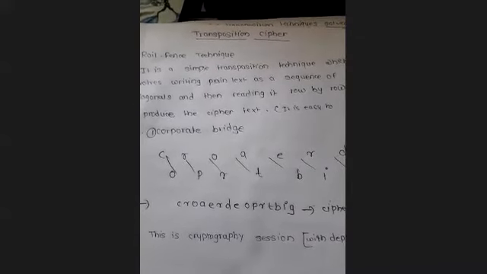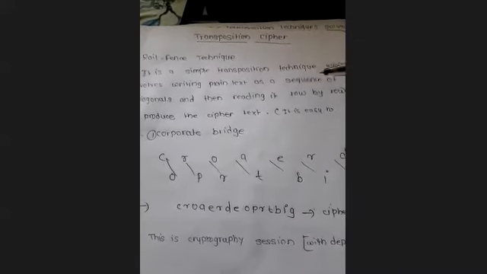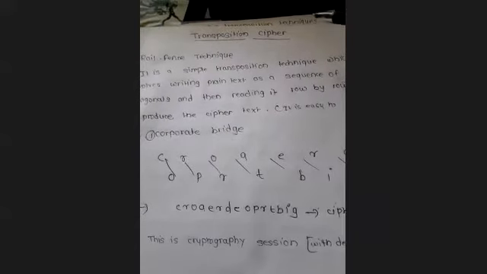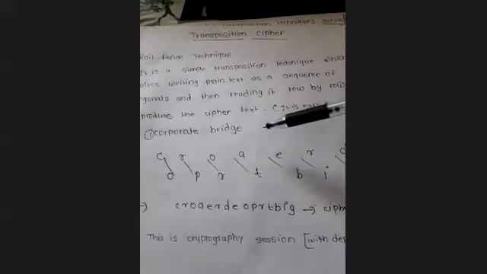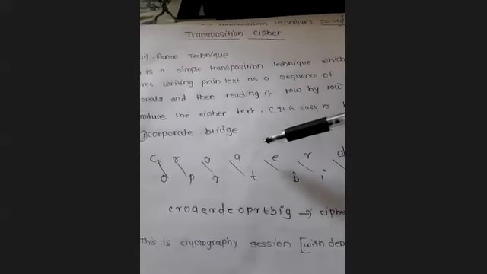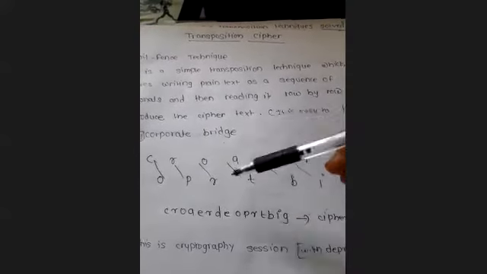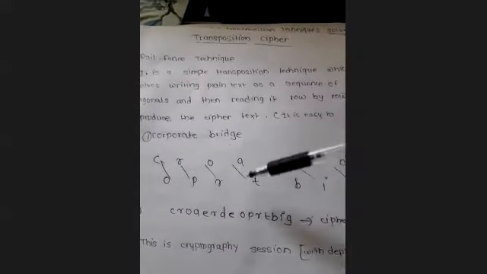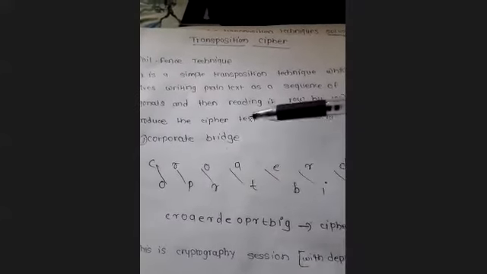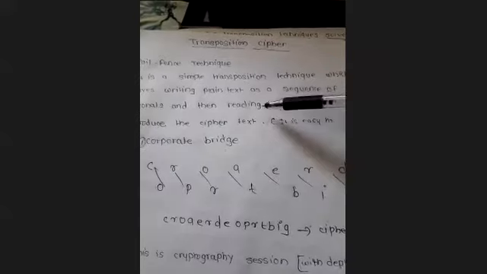Because of the nature of this very simple transposition method, an attacker or intruder can find out the way, or break the code. So this is a very simple technique, and it is applicable to short messages only.